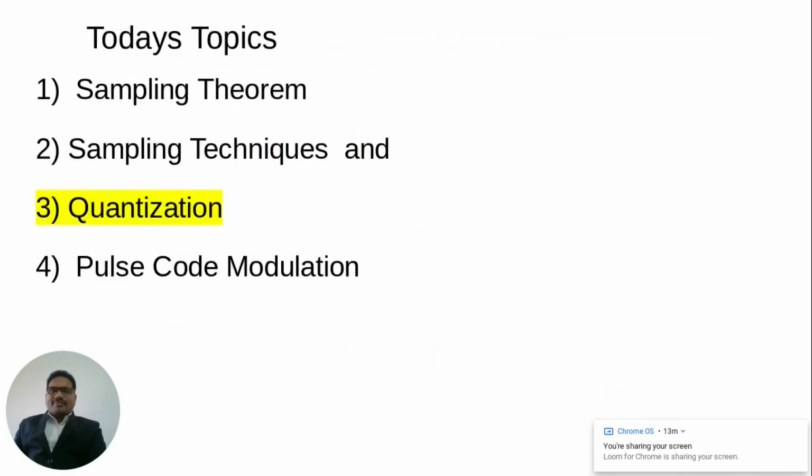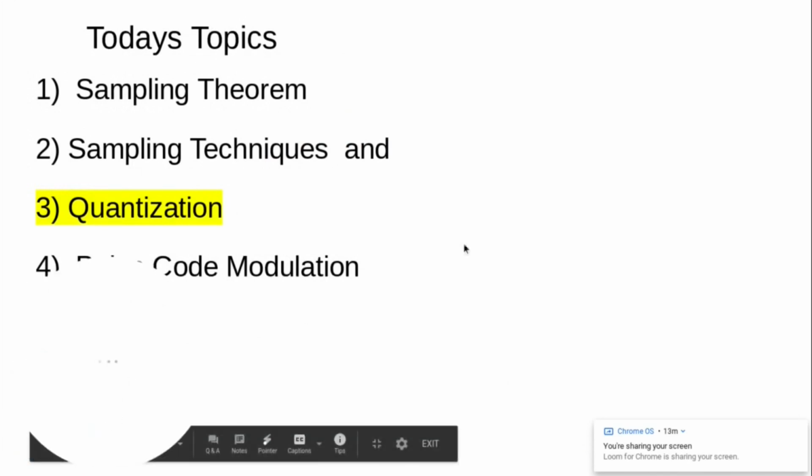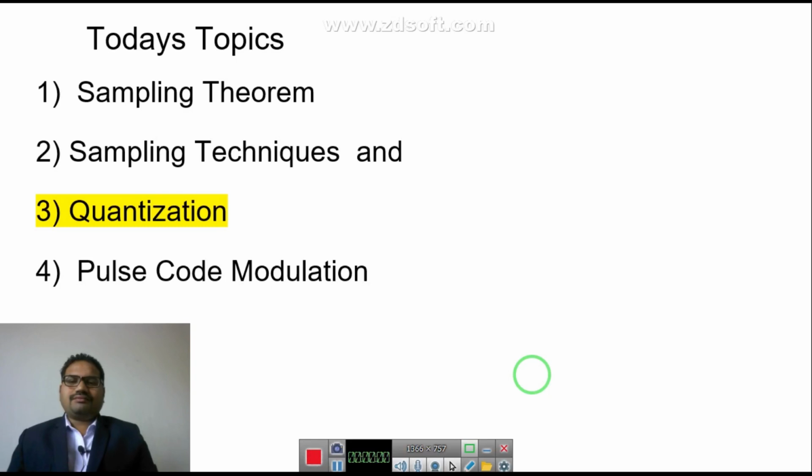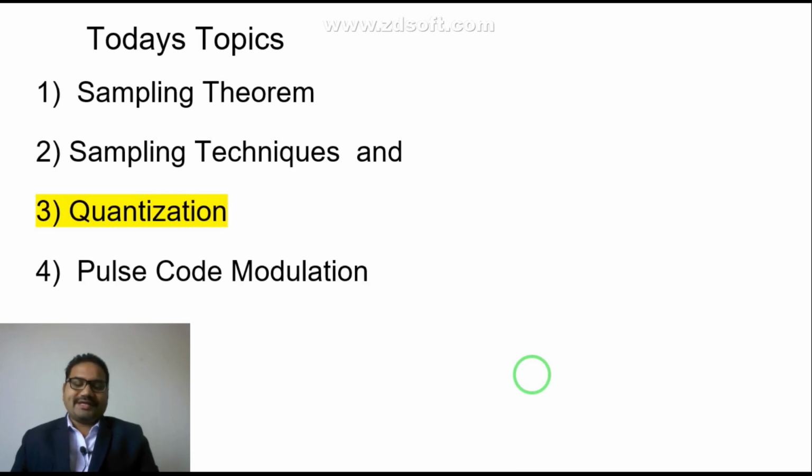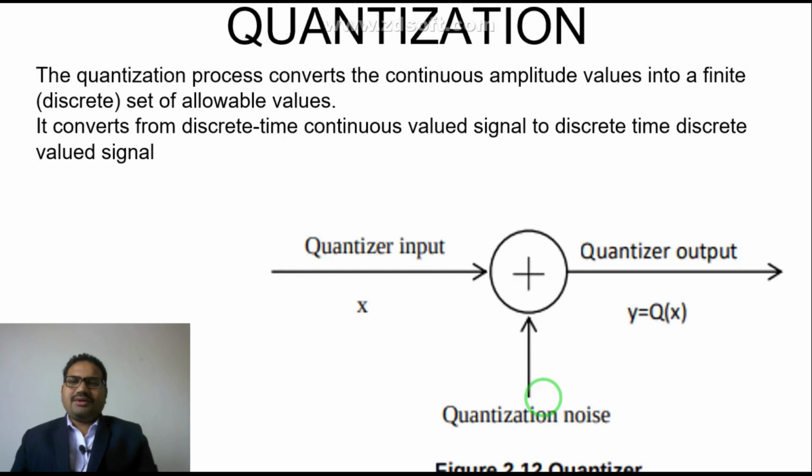Now, the next topic that we are going to see is quantization. After sampling, the most important step is quantization. The quantization process converts the continuous amplitude values into a finite, that is discrete, set of allowable values.